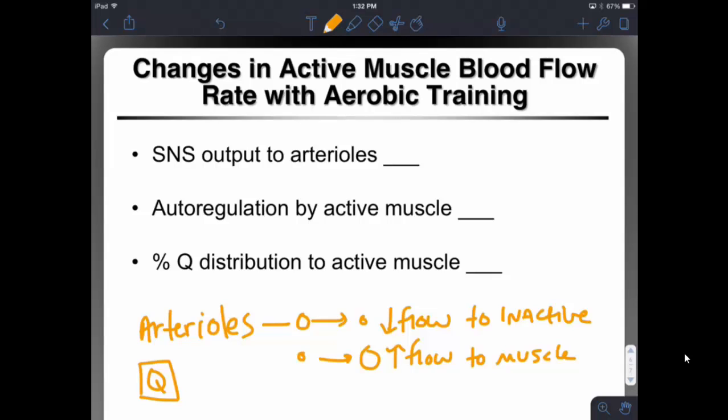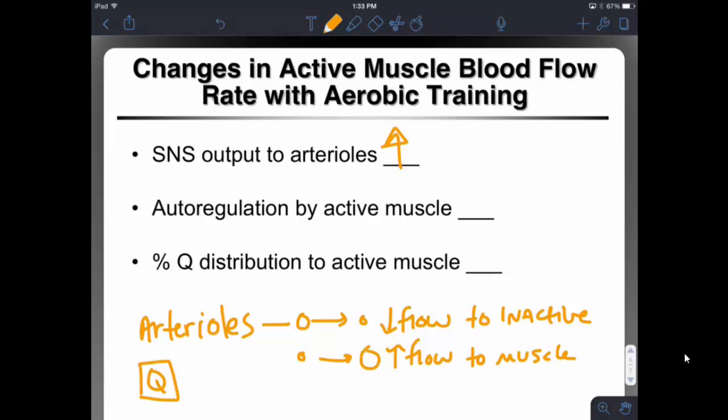Okay? So what we see during training is a greater SNS drive, and that SNS drive goes to the arterioles. And the arterioles cause constriction to all of the arterioles, okay, but let's just talk right now about the inactive tissues. Okay? So if we get less blood flow to the inactive tissues, that allows more blood available to be distributed to the muscle tissue.